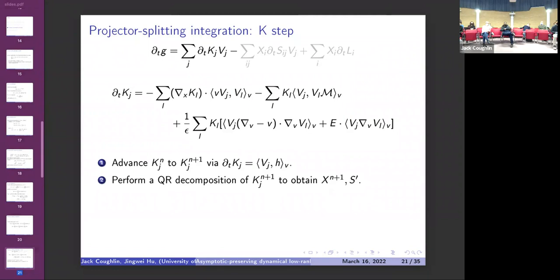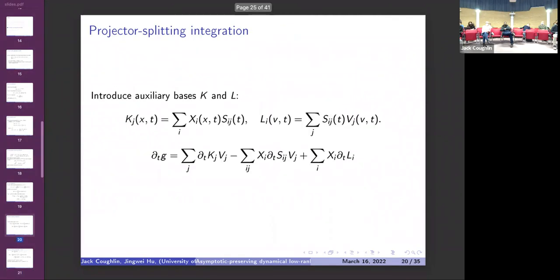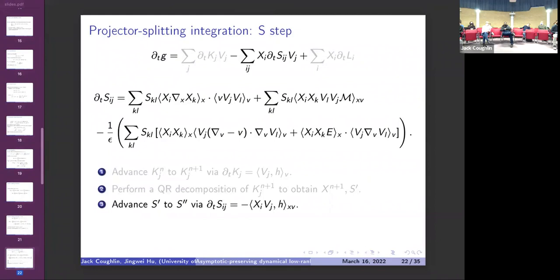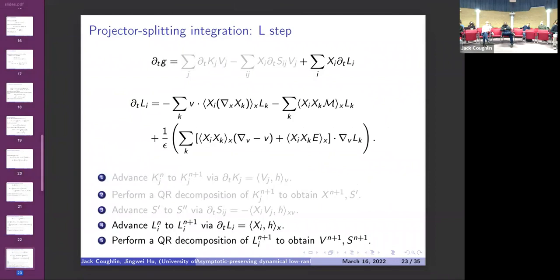So after that, you perform a QR decomposition. What we've got here is that Kn is X times S, so it contains the basis, and it also contains the matrix of singular values. So what we can do is take this K and do a QR decomposition to get the new orthogonal basis for X. That's what we're doing here, and we get some intermediate S prime, and then we advance that and do the same with our L basis.